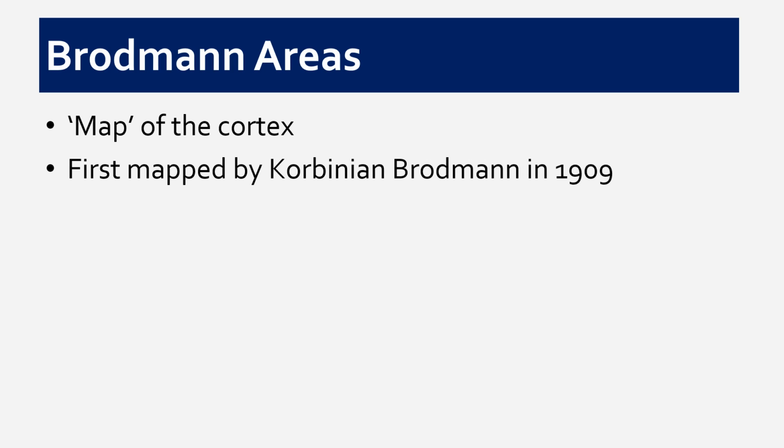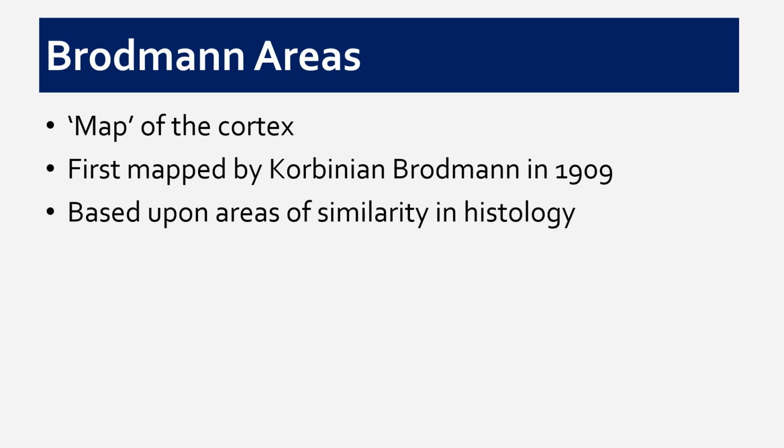I'm just going to highlight a key anatomical map of the cortex, which is useful for helping us break down these cortical regions into more discrete functional areas. And that's called the Brodmann map, or the map of the Brodmann areas. It's a very old map. It was first mapped in 1909 by a person called Corbinian Brodmann. And basically what Brodmann did was look at sections through the cortex and identify areas that had histologically similar features and areas that had histologically different features.